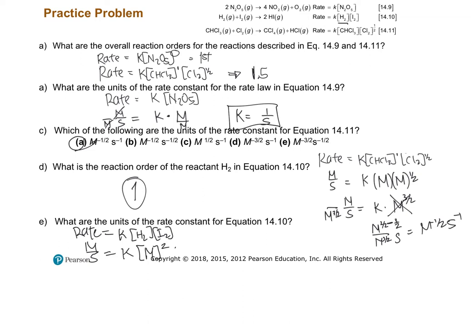So I'm going to divide by molar squared. So that molar cancels out, and then I get K units is inverse molar inverse seconds. And you can either do it like this, or you can do 1 over molar seconds. Either one.